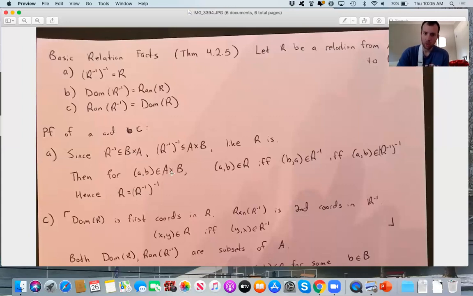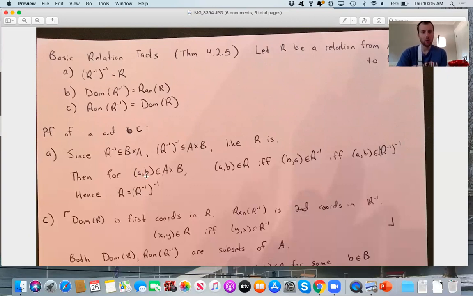So what we can say is they're living on the same set. Let's take one of these ordered pairs. And in this case, we'll have a fairly streamlined proof, which is saying two sets are equal if being in one set is equivalent to being in the other set, for any object of the right type.